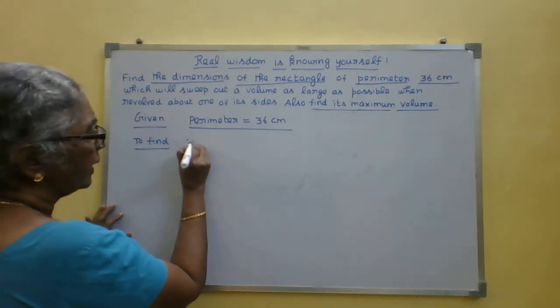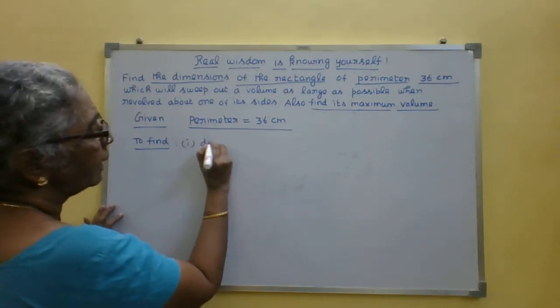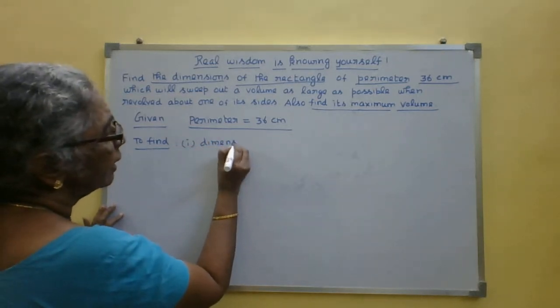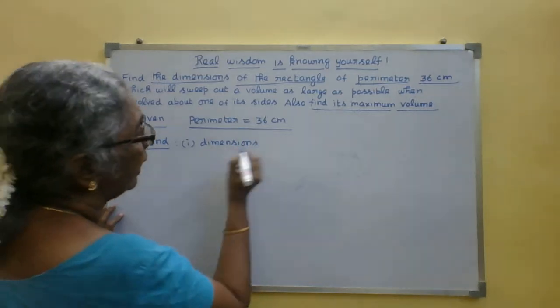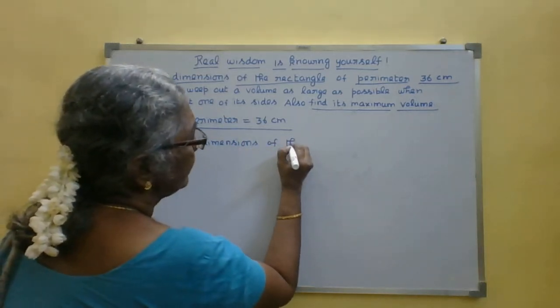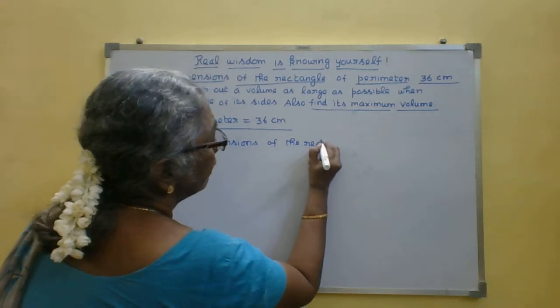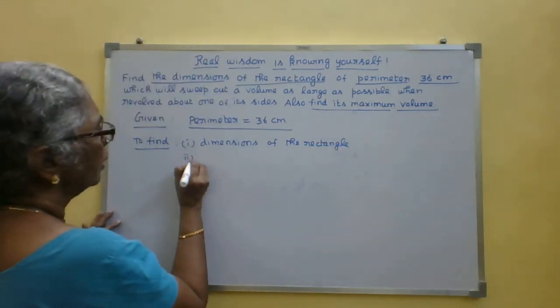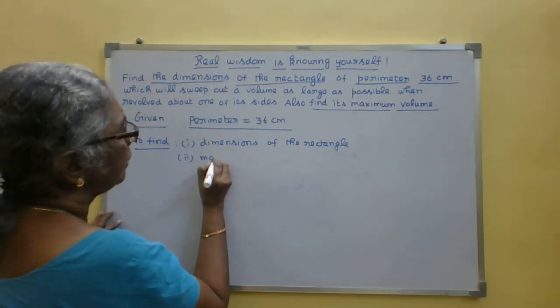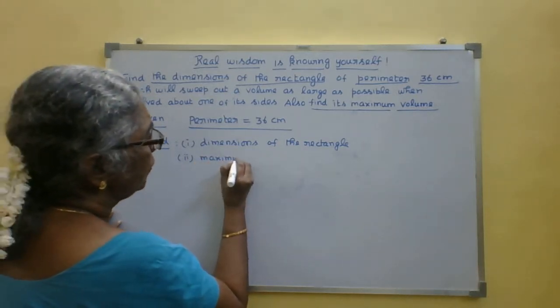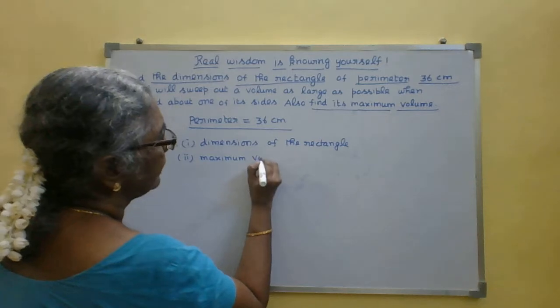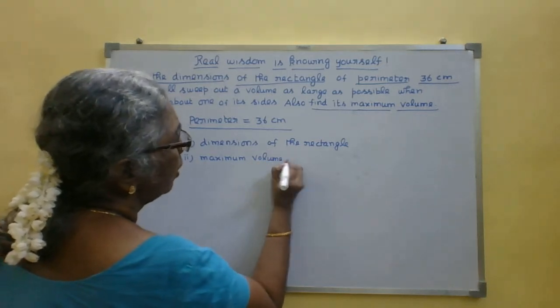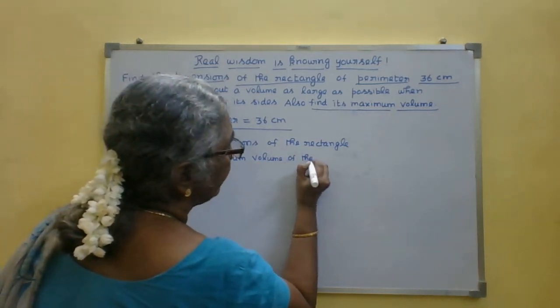So first, the dimensions of the rectangle, that is the L and B. Then the second one is the maximum volume. That itself shows that you have to maximize the volume. This is the maximum volume of the cylinder. Okay.